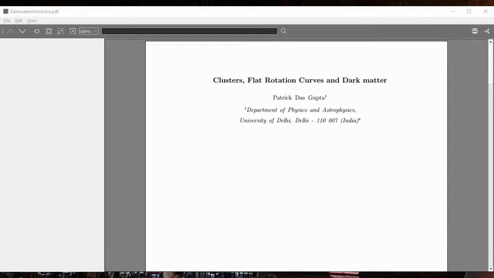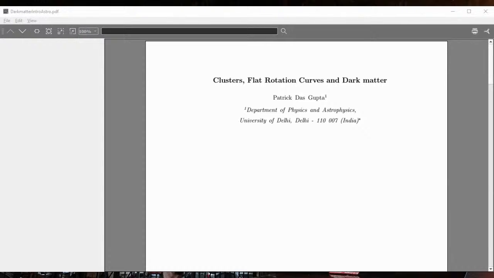But the bluish part, which has been artificially introduced, is to give you the distribution of dark matter that is required to explain the gravitational lensing. So the colors are artificially introduced by the astronomers to delineate which are the regions where baryonic matter is present and which is the region where dark matter has been inferred from the gravitational lensing model.